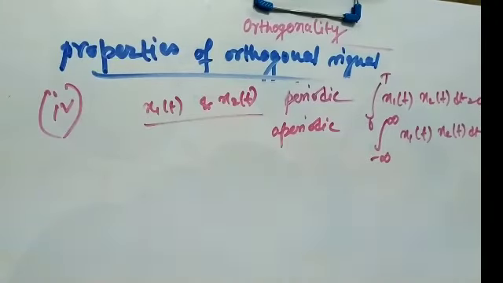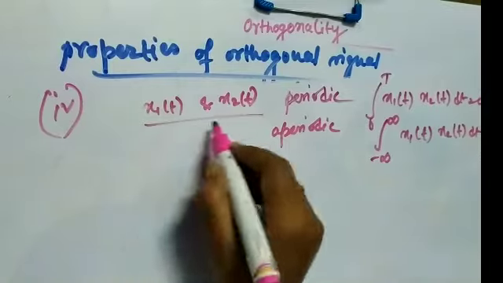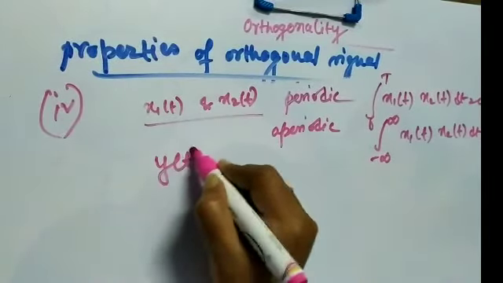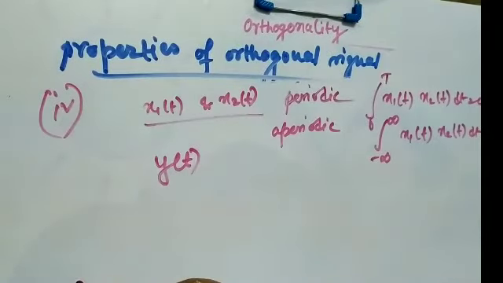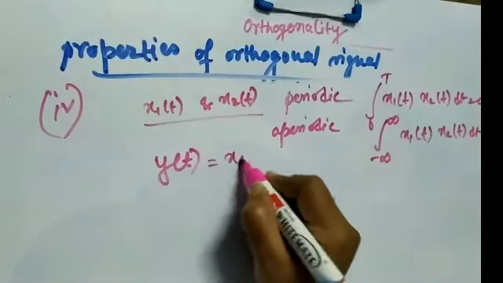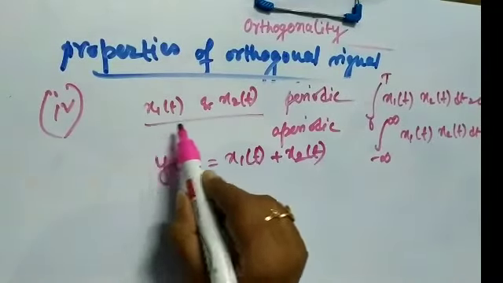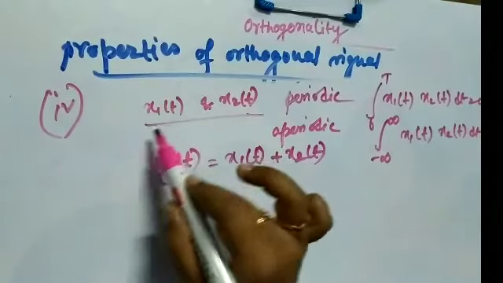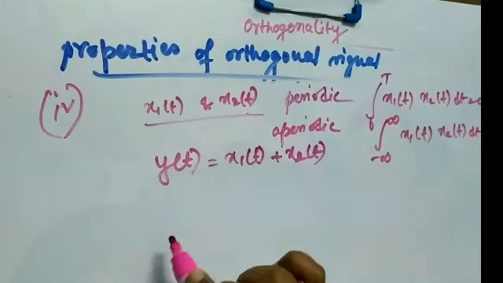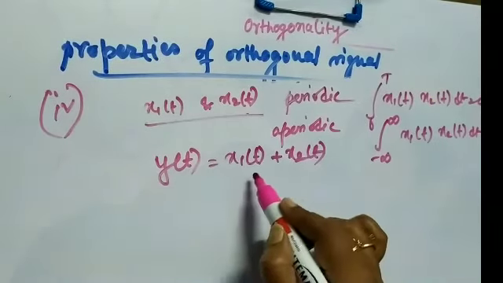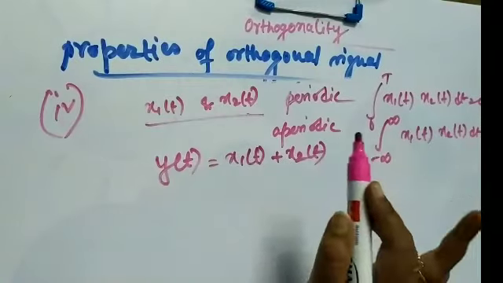So now we move to our fourth property. Suppose you already have two signals that are orthogonal, and you have another signal, y(t), which is equal to the sum of x1(t) and x2(t).